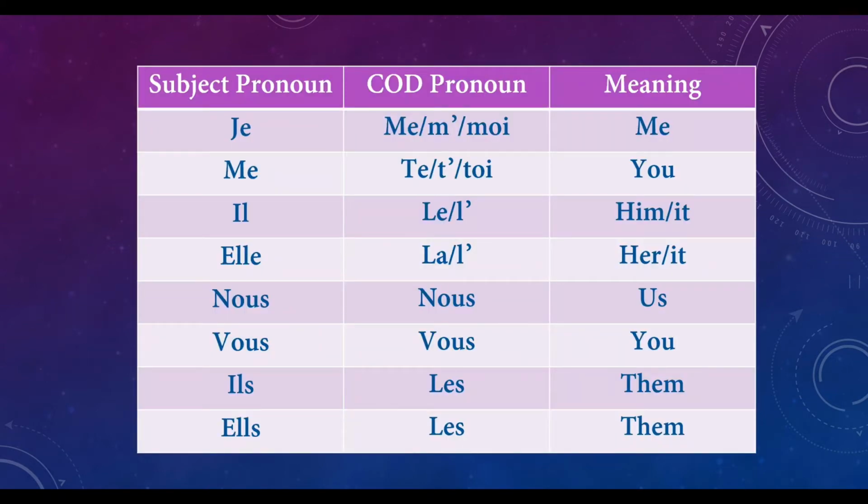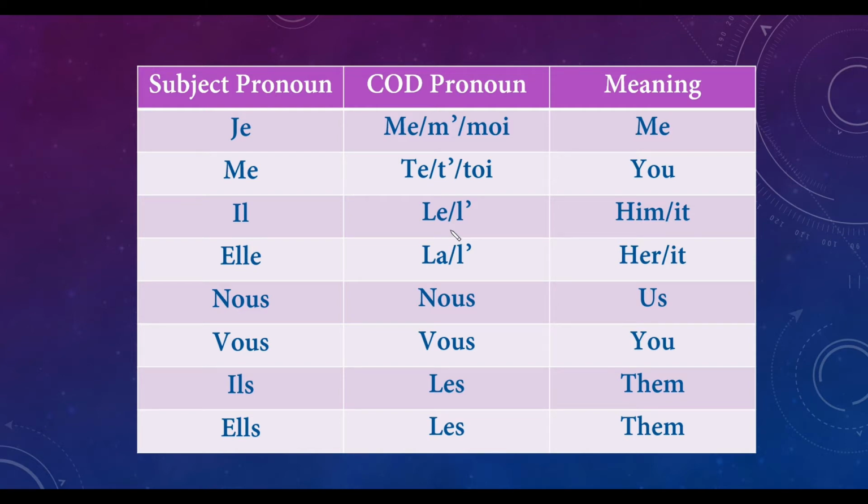So these are the COD pronouns in French. These are the subject pronouns that you already know and the corresponding COD pronouns and their meaning in English. Me, m'apostrophe, moi, te, t'apostrophe, toi, l'apostrophe. L'apostrophe, why do we use this? In case the following word starts with a vowel.